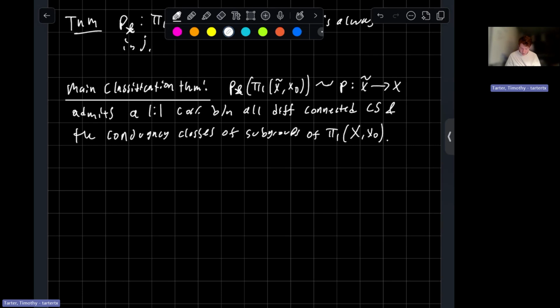If one keeps track of the base point, then this is a one-to-one correspondence between covering spaces and actual subgroups, not just conjugacy classes. Of course, for these statements to make sense, one has to have a precise notion of when two covering spaces are the same or isomorphic. In the case at hand, an isomorphism between covering spaces of X is just a graph isomorphism that preserves the labeling and orientations of edges.